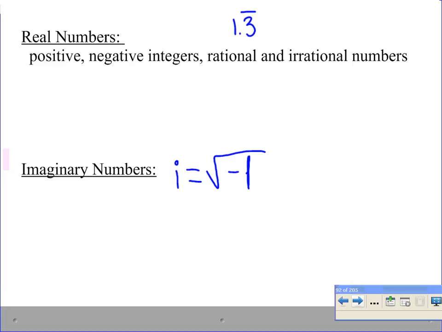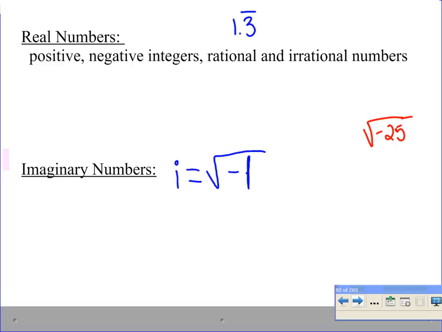Something is imaginary when you have a negative inside the square root. You cannot take the square root of a negative number. Why can we not take the square root of negative 25? This is going to make you think on a Friday.